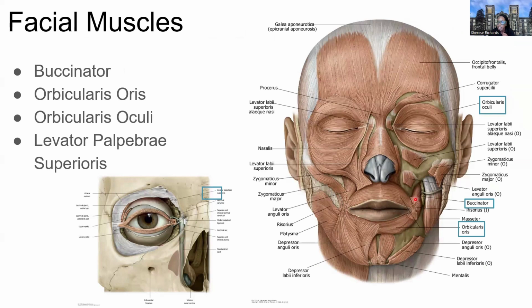If you look at its position, it helps to maintain air in the oral cavity, which can be important in actions like blowing, right? If you're trying to blow a candle out or certain aspects of drinking from a straw and that sort of thing. Those types of actions where we need to maintain air in the oral cavity, especially in phonetics of certain words, would be helped by the buccinator.